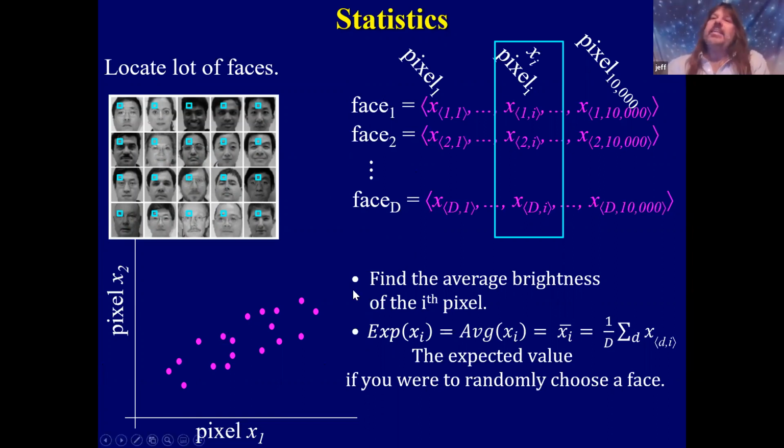This is all the data that we have. So of these data, maybe we have 60,000 faces here. I don't know how many, but choose one of them randomly and look at its ith pixel and ask, what's the expected value of the brightness of that pixel, which is the same as the average over all faces.